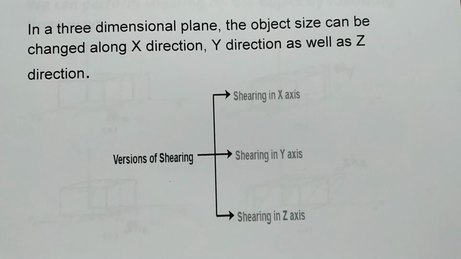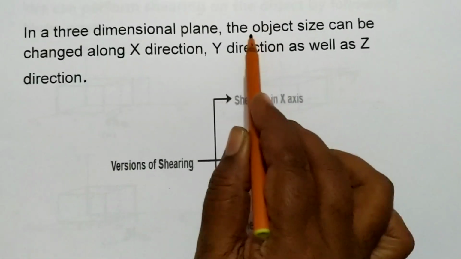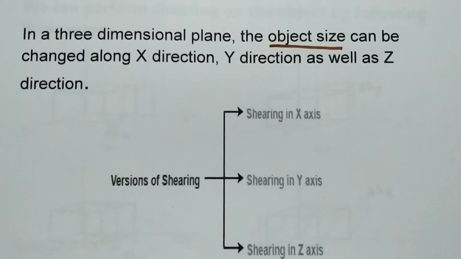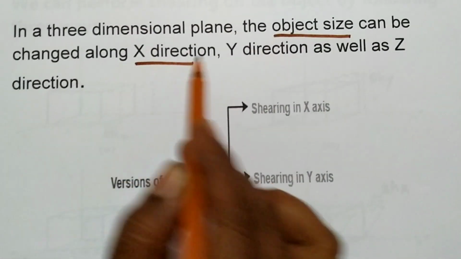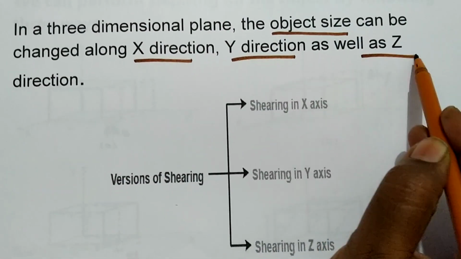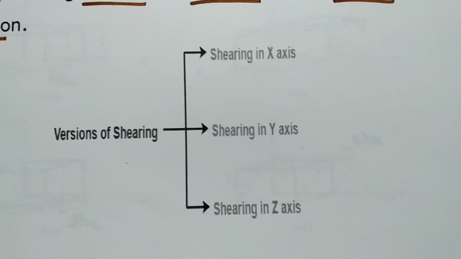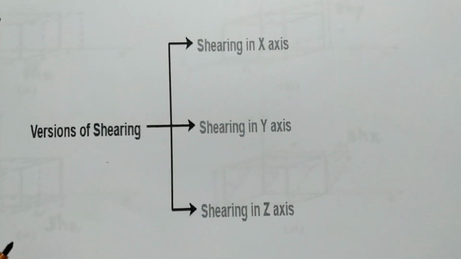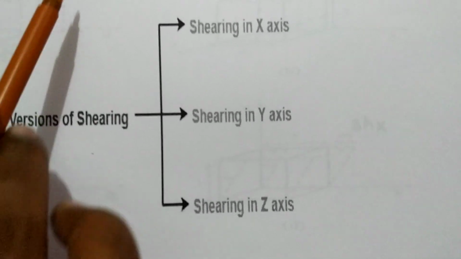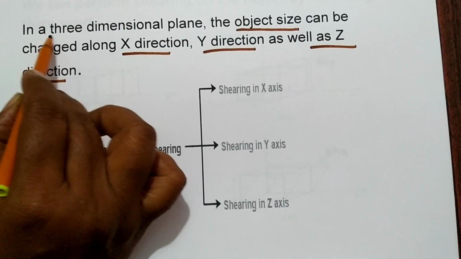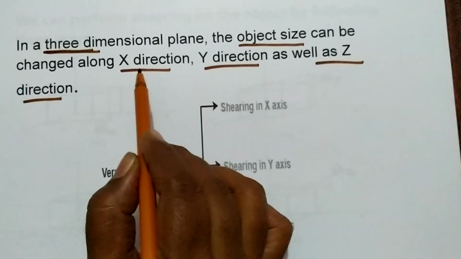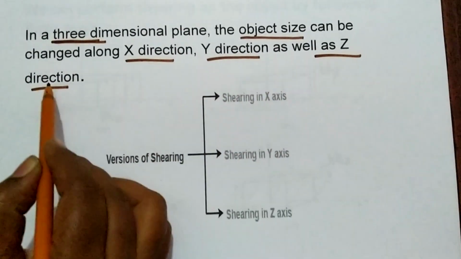We can increase or decrease the size of an object along the x direction, y direction as well as the z direction. But in a 2-dimensional plane, the object size can be changed in the x direction, y direction or xy direction. In 3D, you can perform it along the x, y and z directions.